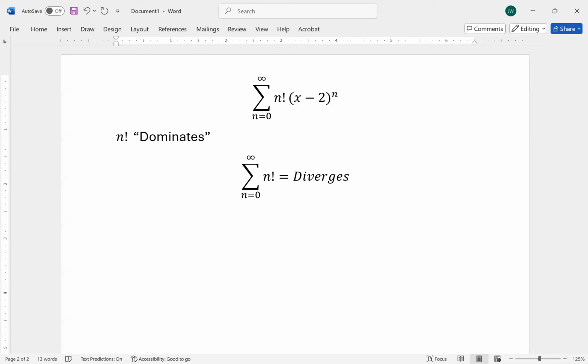Therefore, the only hope of convergence is when we plug in an x of 2, because if I plug in x of 2, then I get all zeros. So this infinite power series only converges when x is, in this case, 2.